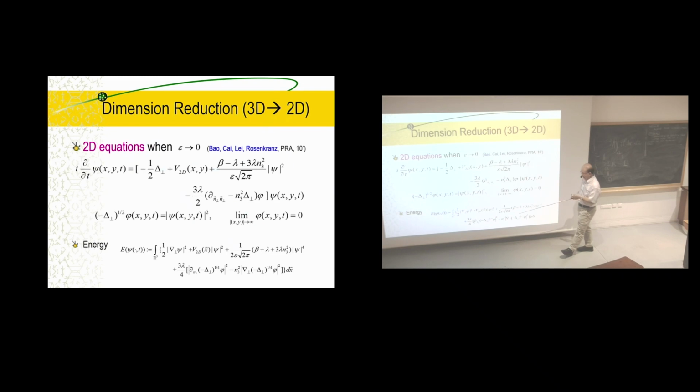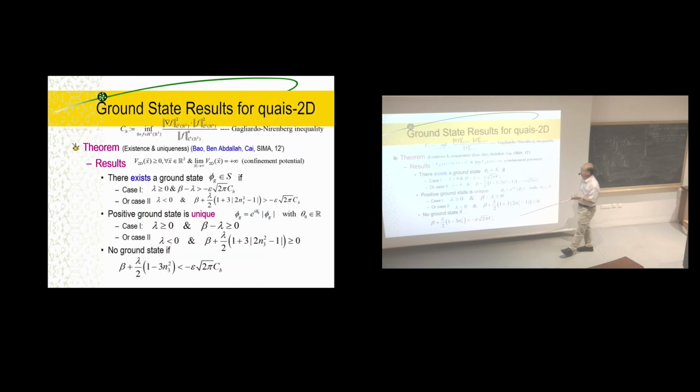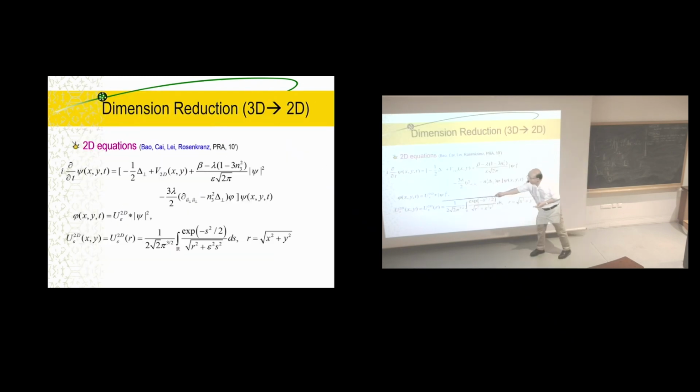Basically, let me go back here. If I let epsilon go to 0, this goes to 0, and this is integrable. So when you let epsilon go to 0, U epsilon 2D(x,y) will go to some constant times 1 over r, where r is this one.